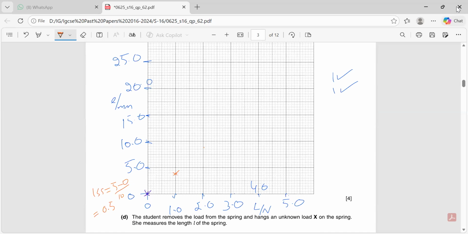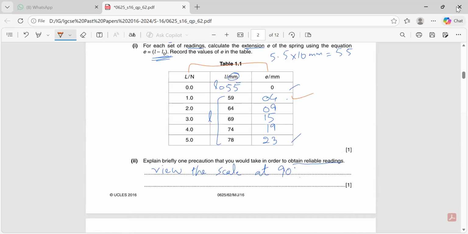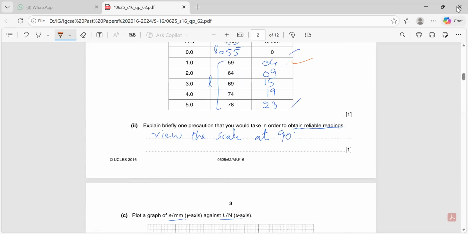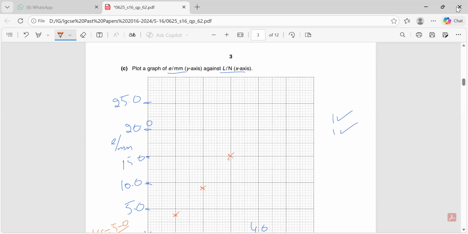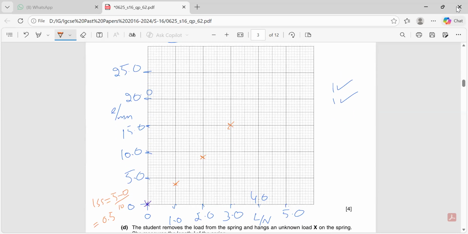Again 10 and 9 is here. So this is 9. At 3 it is 15. At 4 it is 19. 3 is 15, so very simple here. 3 is 15. 4 is 19. So 19 means just 2 boxes below 20.